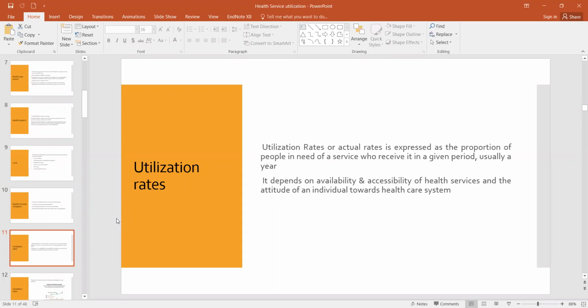What is utilization rate? The utilization rate or actual rate is expressed as the proportion of people in need of a service who received it in a given period, usually in a year. It depends upon availability, accessibility of health services, and the attitude of an individual towards the healthcare system.